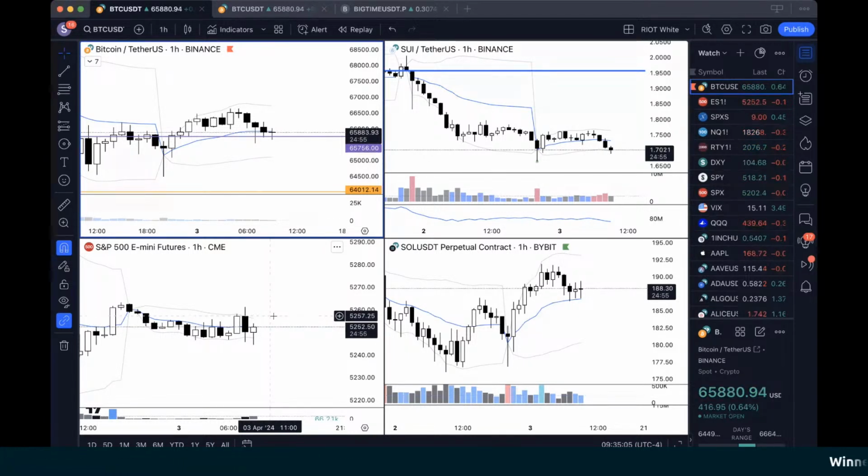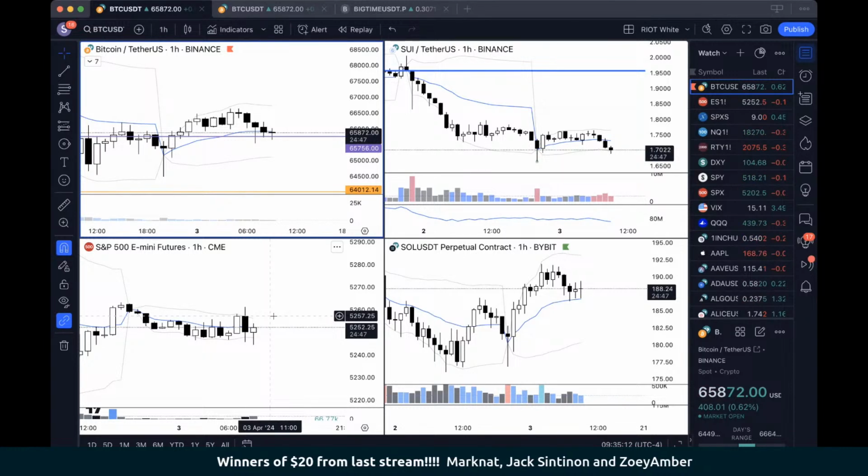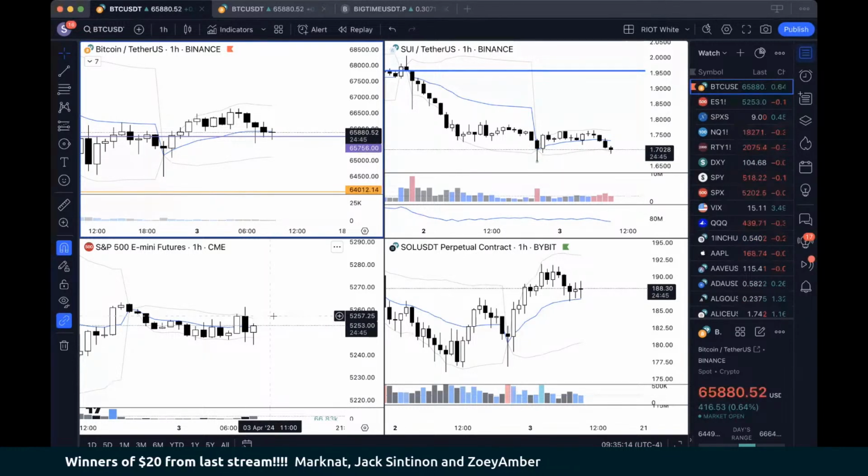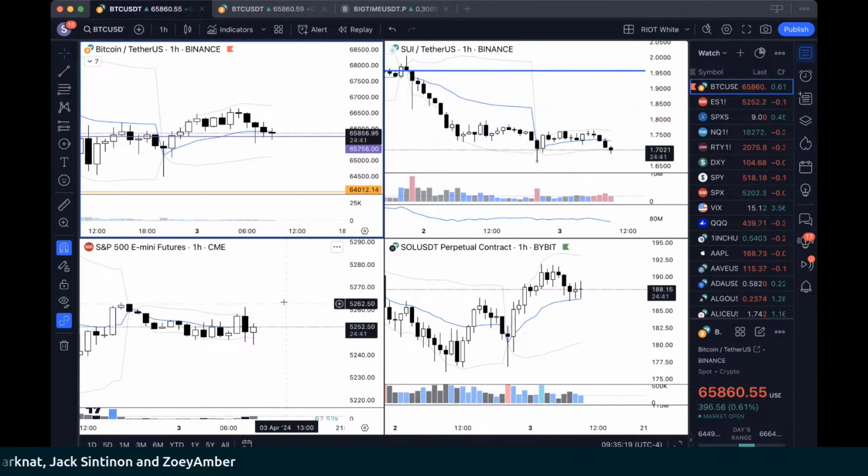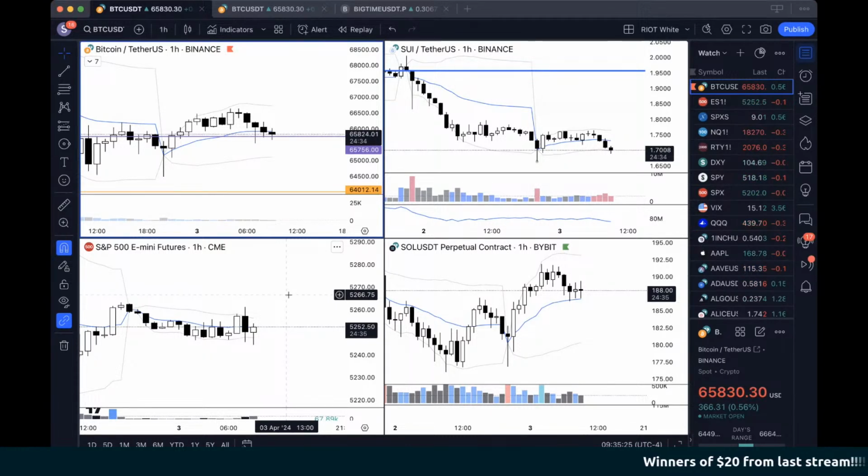You want to wait for it to reclaim, and ideally, I'm looking at 519.5 on SPY as a key area for bullishness. And if the market starts trading below 517, I think everything's probably going to take a step down along with it, including Bitcoin.